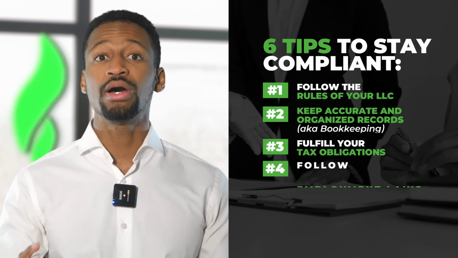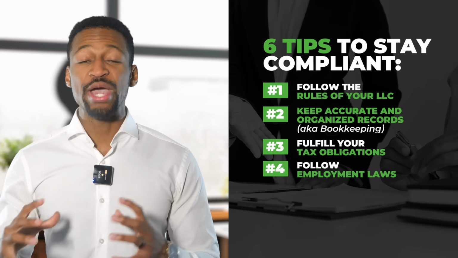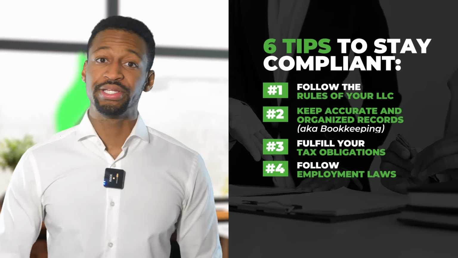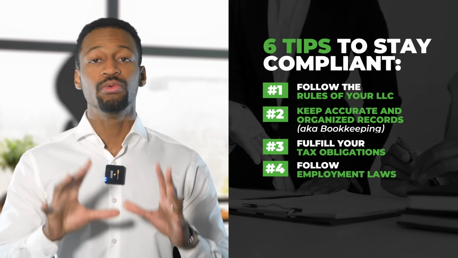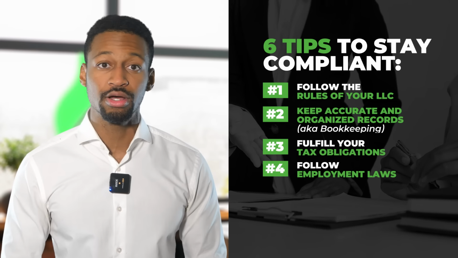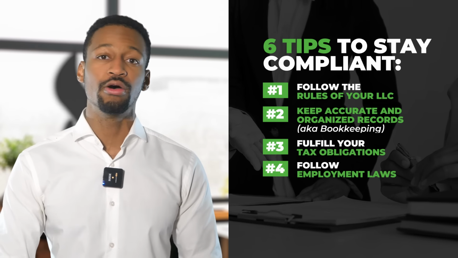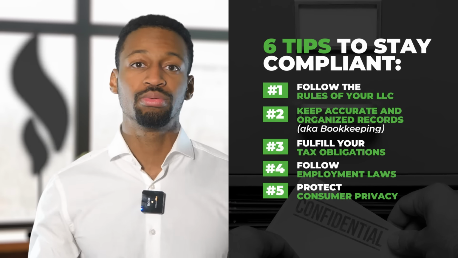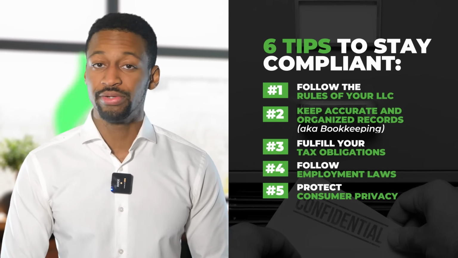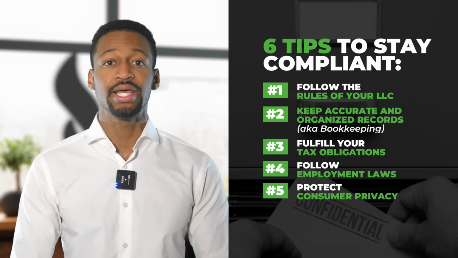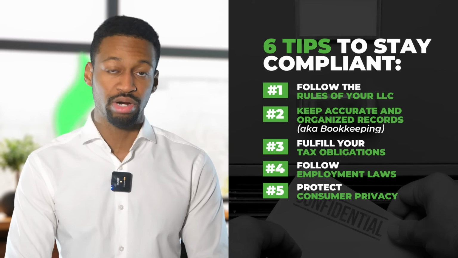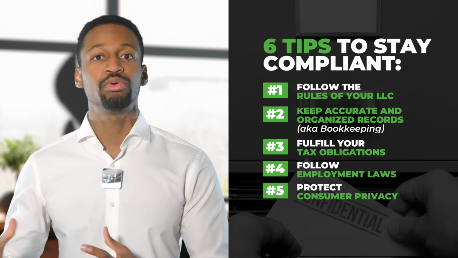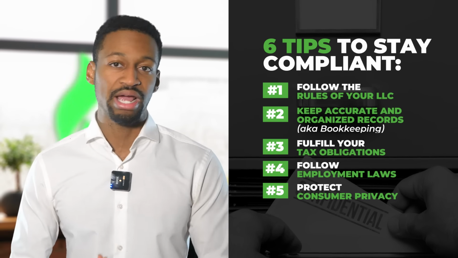Number 4, follow employment laws. If you have employees, it is very important that you understand and you comply with employment laws, including laws related to minimum wage, overtime, and discrimination. Number 5, protect consumer privacy. If you collect personal information from your customers or clients, it's very important that you protect their privacy and you follow the applicable laws related to data and privacy protection.